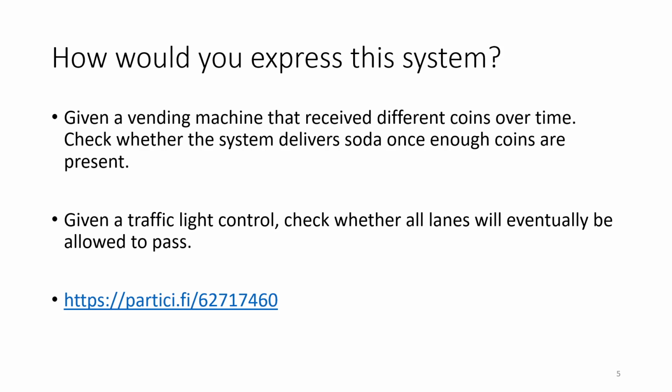But then how do we say that they are eventually allowed to pass, right? So we could make a scenario where we can say, is it possible that car A on, I don't know, 1 lane passes, right? You can check, is it possible that this variable can be true?